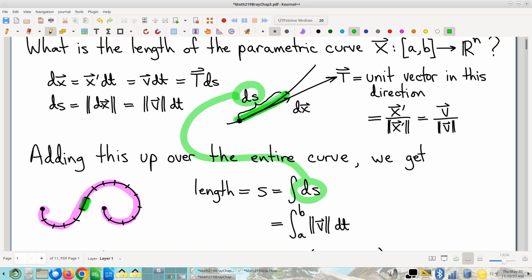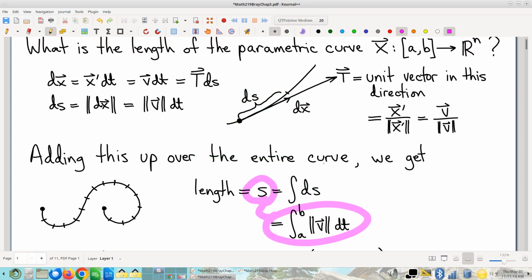In other words, add up over the entire range of values of t, and that gives you this formula right here. Recalling, of course, let me clean up my mess again, that ds is the magnitude of v times dt. Okay, everybody all right?